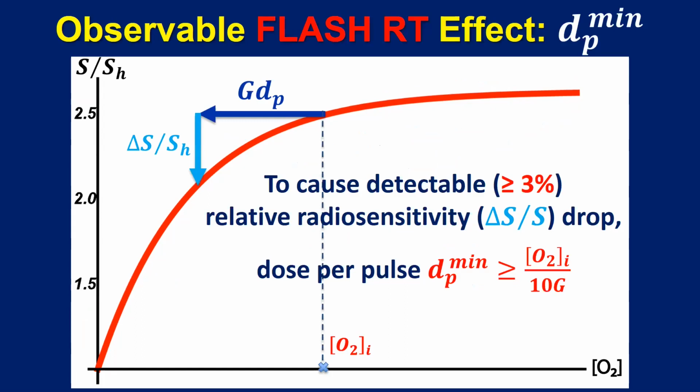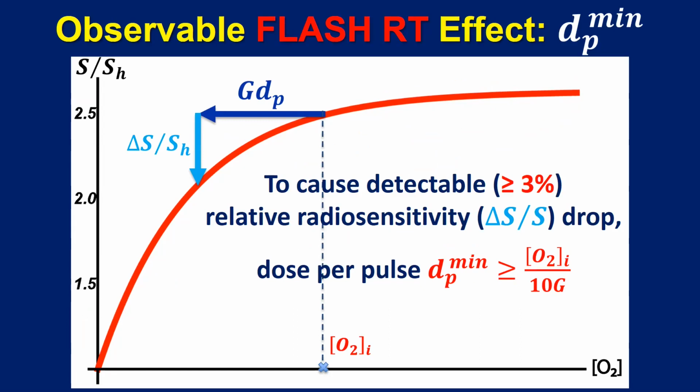Next, we estimate the minimum dose per pulse required to produce observable flash RT effects. Based on the formula I just showed you on the last slide, in order to achieve a 3% relative radiosensitivity drop, dP must be at least of the order of 0.2 divided by 10G.